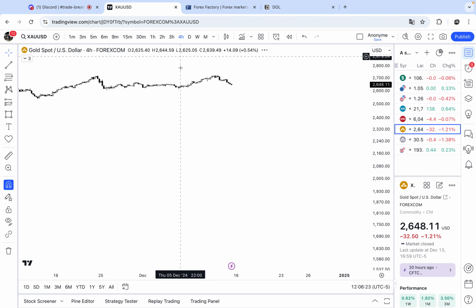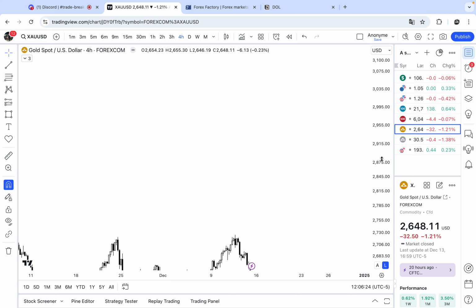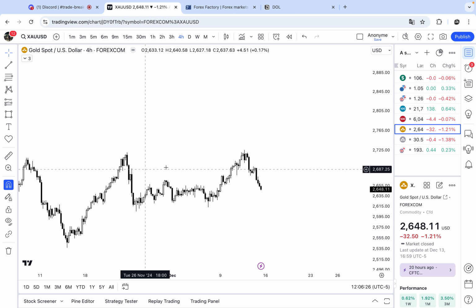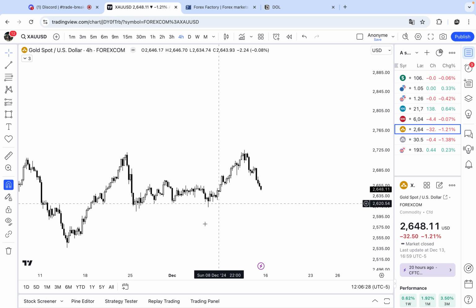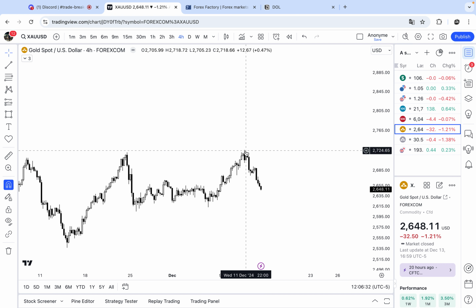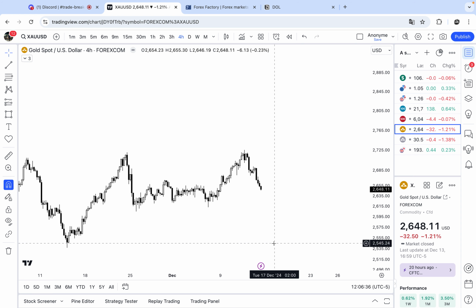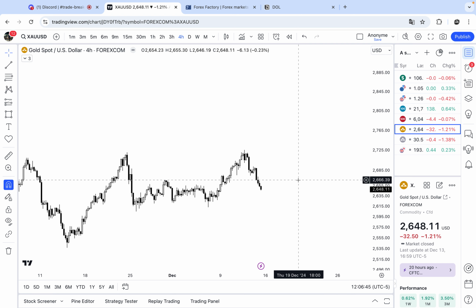You can see week 1 consolidation, week 2 manipulation, week 3 distribution. I think the price will dump hard this week. Next week, I think the price will go crazy down.